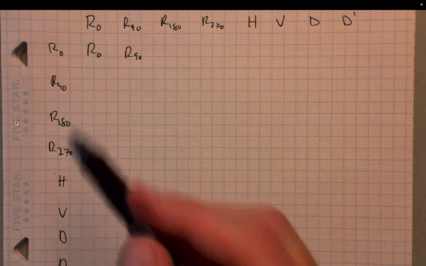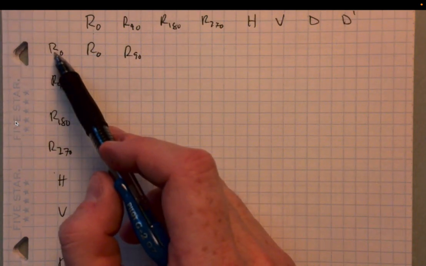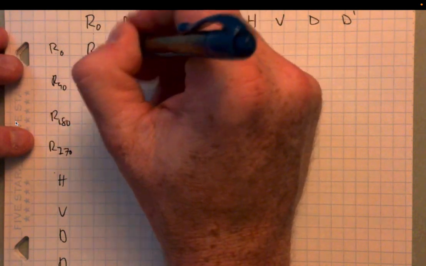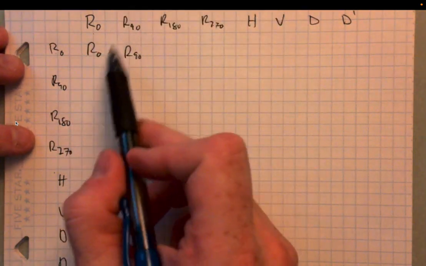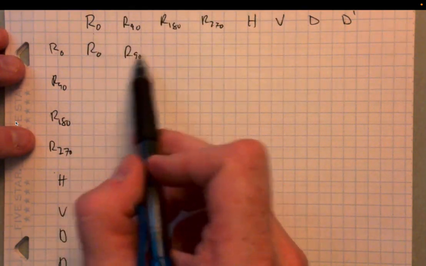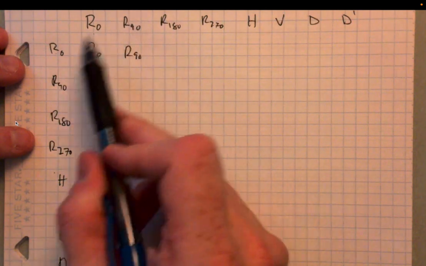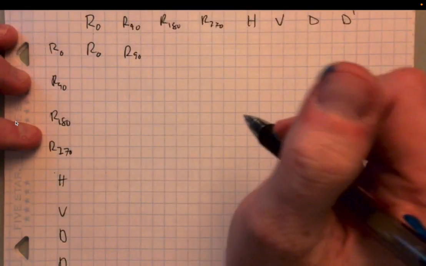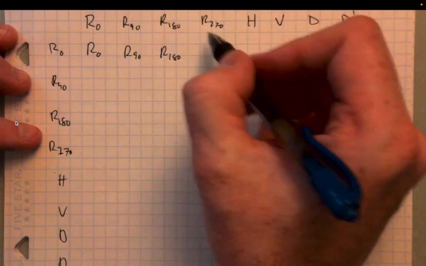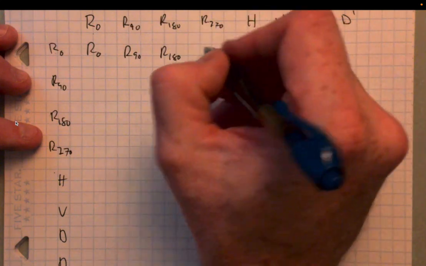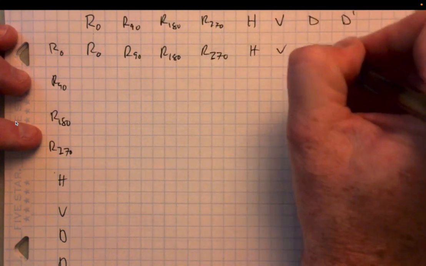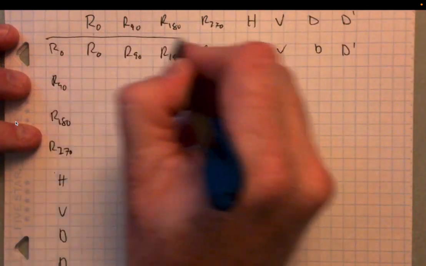Okay, so here it'd be an R0 composed of an R90, right? So this entry here would be read as R0, R90. So this first, and then this top first, and then this vertical. So this would be an R180. Anytime you compose anything with an R0, you get basically the original thing. Okay, so that's what that row would look like.